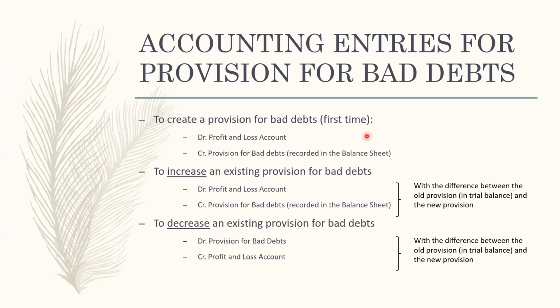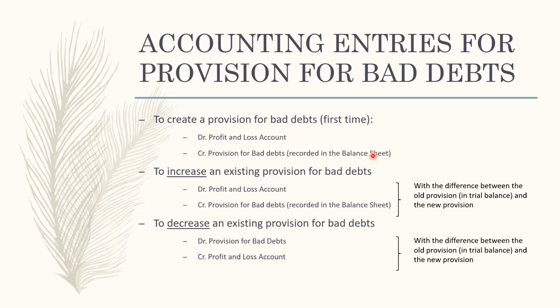If you have to create a provision for bad debt for the first time, we need to know that because bad debt is an expense, we debit our profit and loss account. And what we are going to record in the balance sheet is the provision for bad debts. That is going to be minus from our debtors figure, because we had a debtor of $1,000.